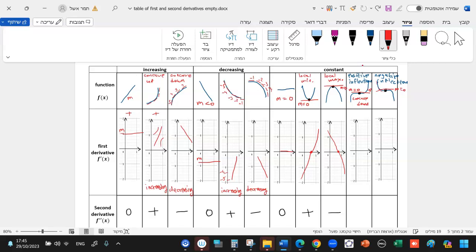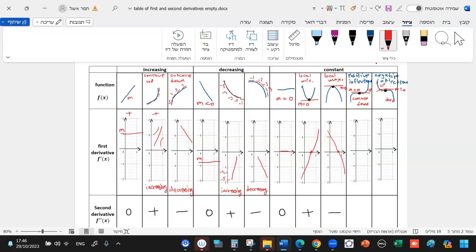Okay, we have concave up here, and at the point of inflection it is exactly 0, and to the right of the inflection we can see that it becomes negative, larger and larger. We have concave down.